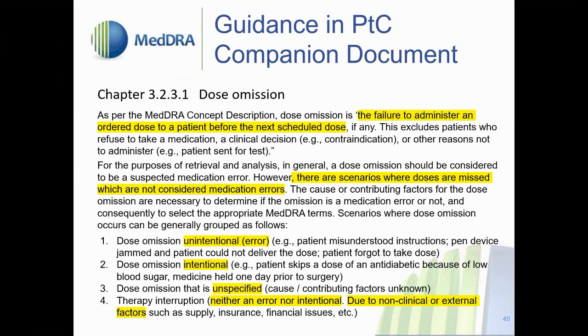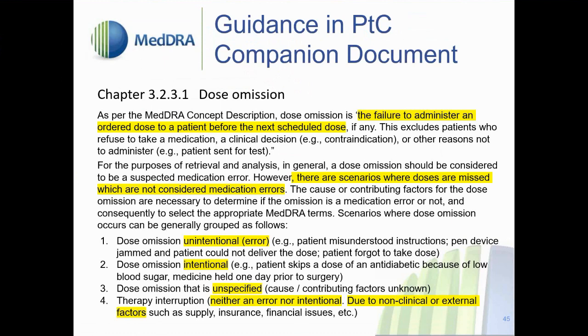We are first taught that in general, dose omissions represent medication errors, for example, when a patient misunderstands instructions or forgets a dose. The second bullet point here refers to scenarios where dose omissions cannot be considered medication errors. These scenarios relate to a conscious decision of the patient, like in our example, or other scenarios where patients skip a dose of an antidiabetic because of low blood sugar, or where patients hold the medicine one day prior to surgery.